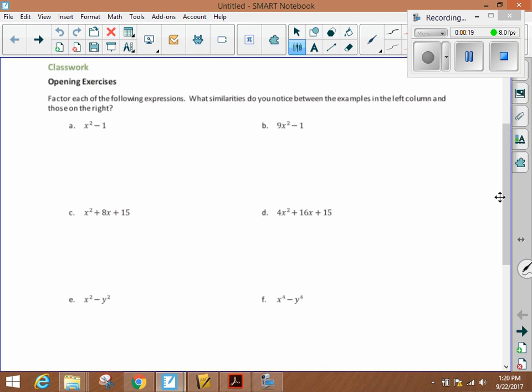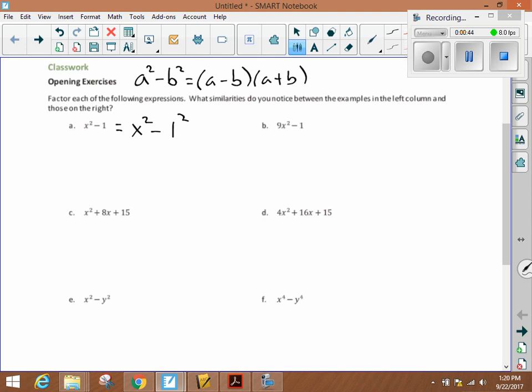Okay, so here we go. With this one, guys, this is indeed difference of squares, right? So that means that this is the same thing as x squared minus 1 squared. So one way that you can look at it is you could use the formula that tells me that a squared minus b squared is equal to a minus b times a plus b.